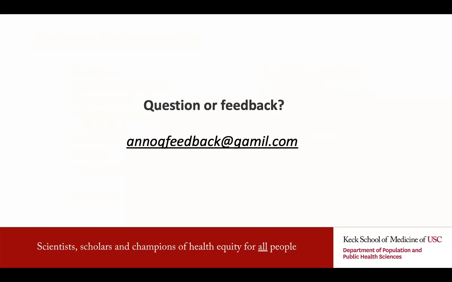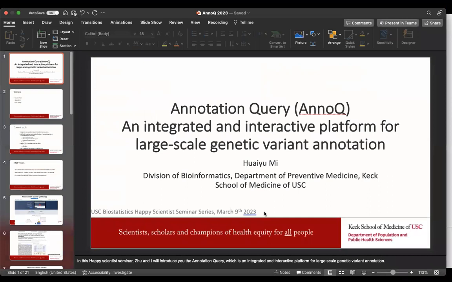Okay, I have a question. Thank you. I think this software is very useful, but I'm totally new to this field. To use your tool, you need to have the variant file first. Which software can we use to first retrieve these variants?